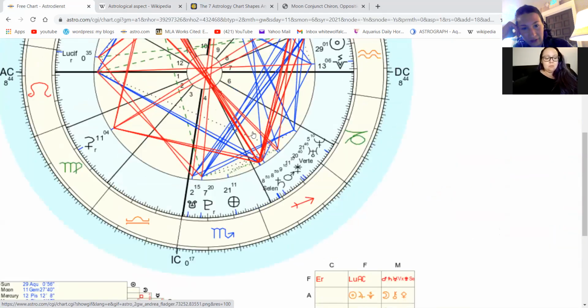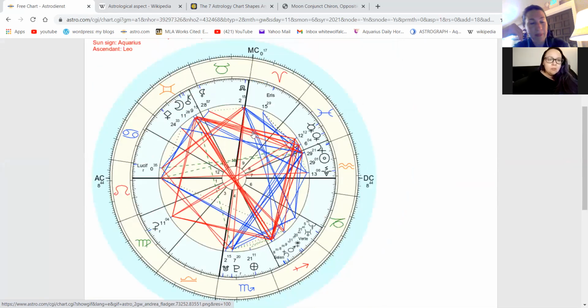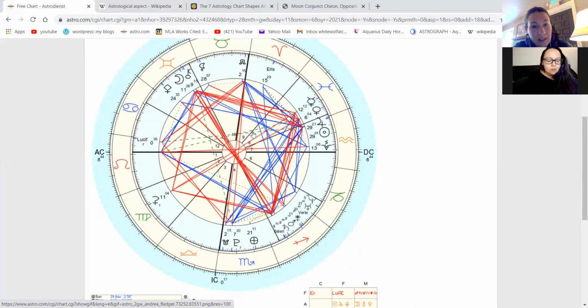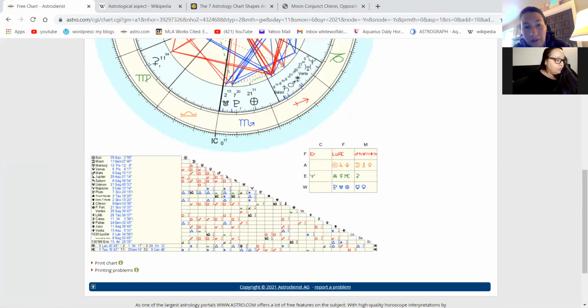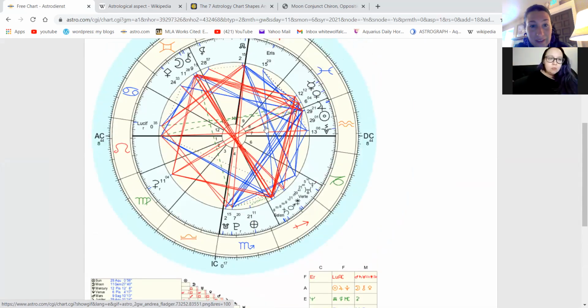Let's look at that on your chart. So, bam! They're directly opposing each other. Before looking at the grid down here, you can look at the patterns on the chart.